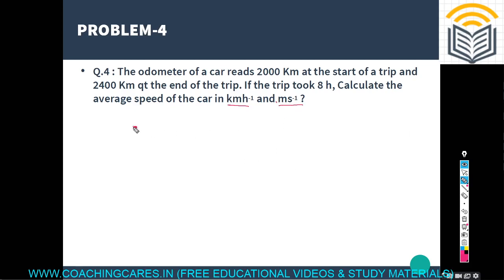Let us assume the trip starts at point A and it goes to point B. Odometer reading here is 2000 kilometers and here 2400 kilometers.